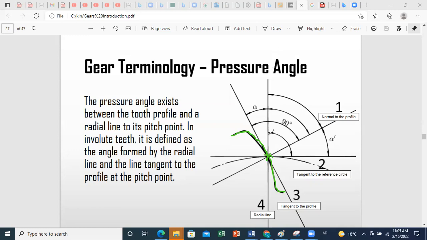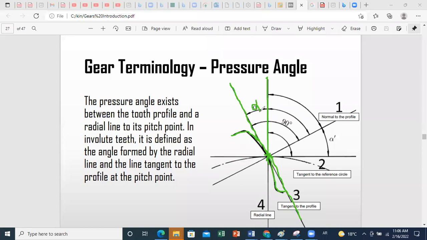So this is your radial line joining centers. This is the tangent to contact, so it's tangent to the involute curve. We can define the pressure angle as the angle between the radial line and the tangent line. This is alpha.